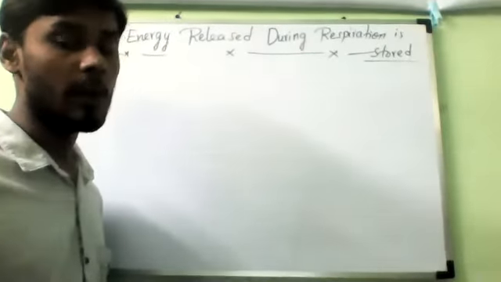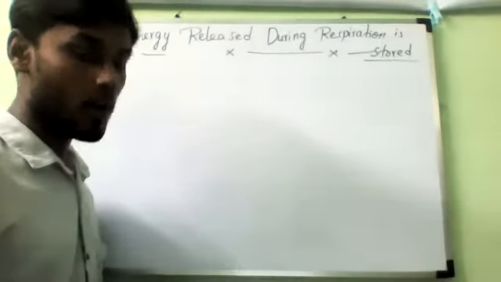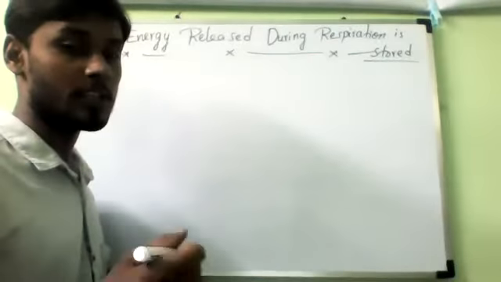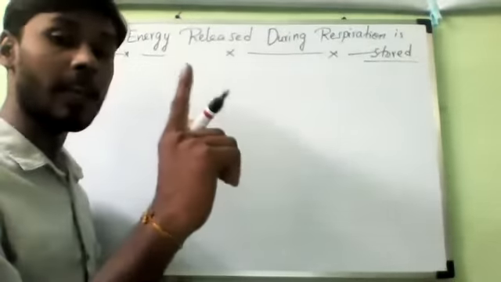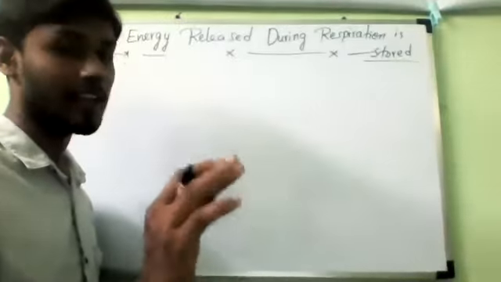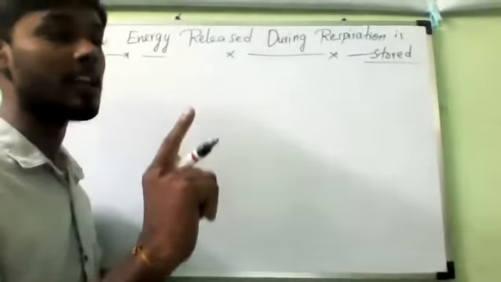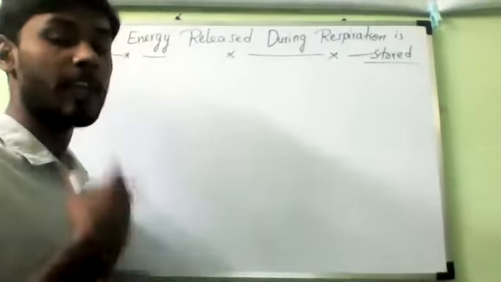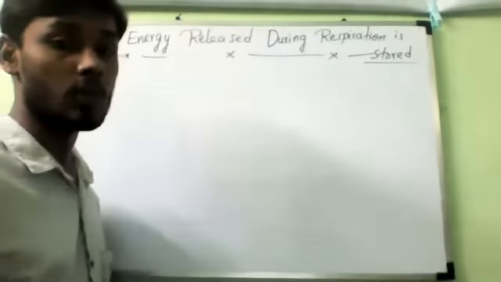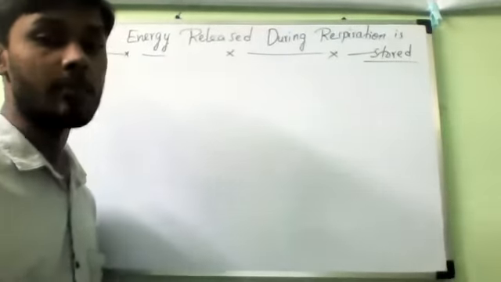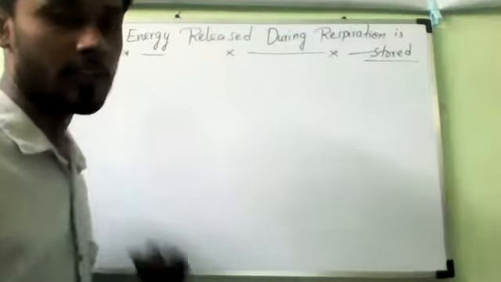So when energy is released during respiration, first ADP is made, not ATP directly. Then if we add phosphate again to this ADP, it will be turned into ATP. Let us see how it happens.